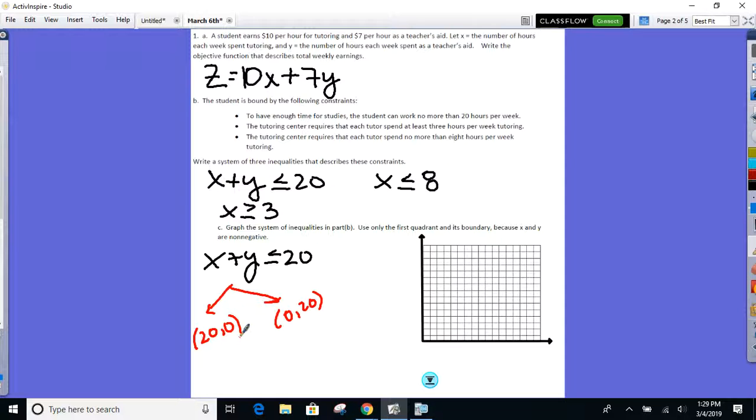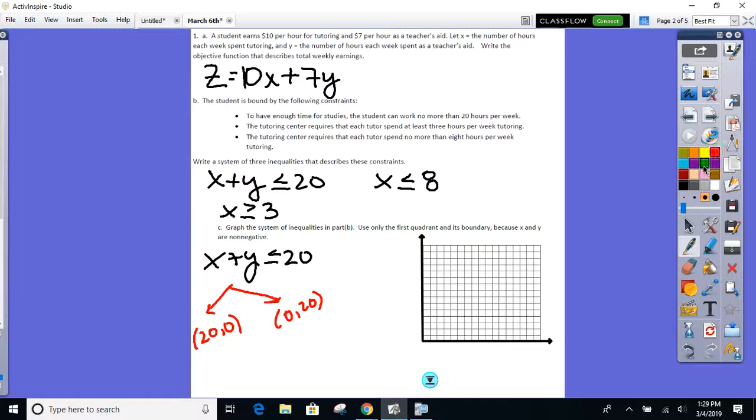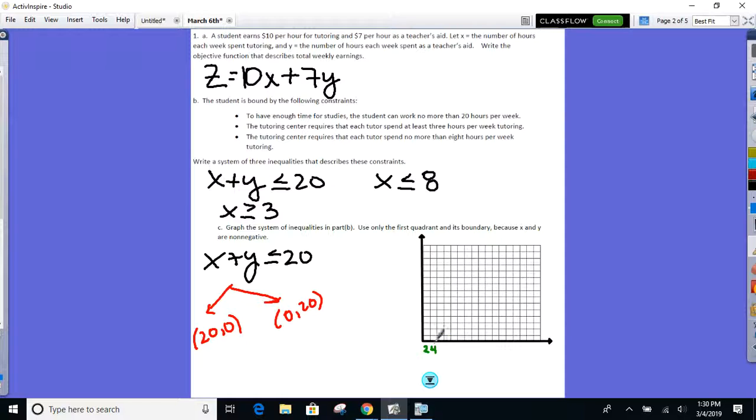Now, I know some people may want to go higher than that, and that's fine. But remember, you have to figure out where they intersect. And if you go by 3s, by 5s, I don't know if you're going to be able to do that. The smaller you can go by, the better here. So I'll go by 2s: 2, 4, 6, 8. I don't need to show all of them, just that I'm going by 2.